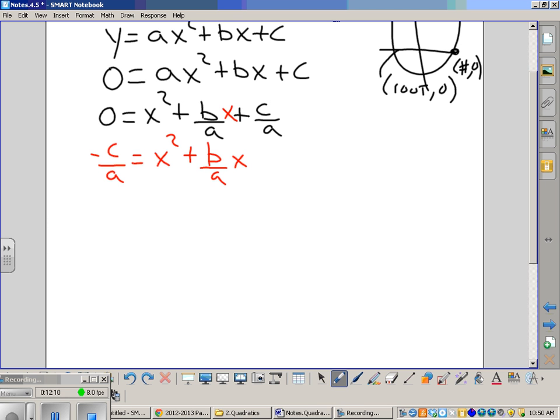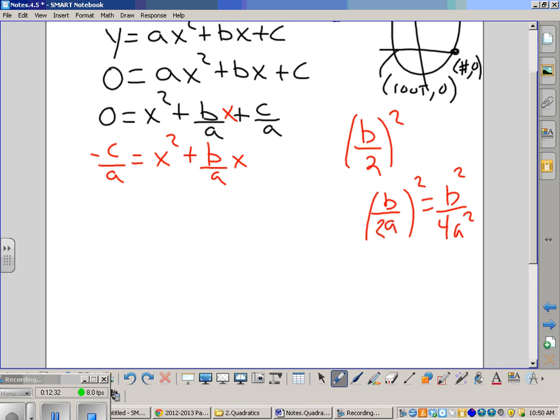Okay? So let's do the b over 2 squared part. So b over 2 squared. That's going to equal b over a. Now dividing by 2, you can just pop the 2 right next to the a, and then square. That's b squared over 4a squared.